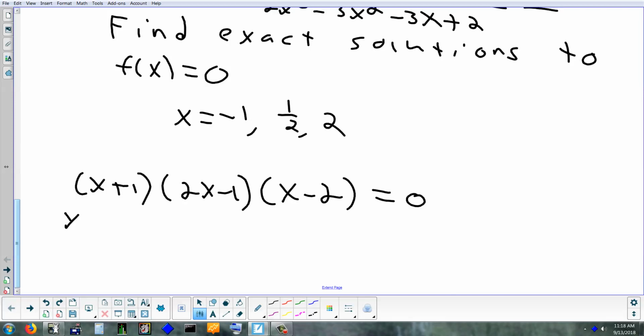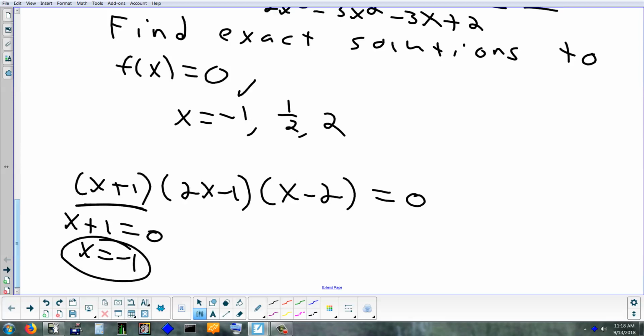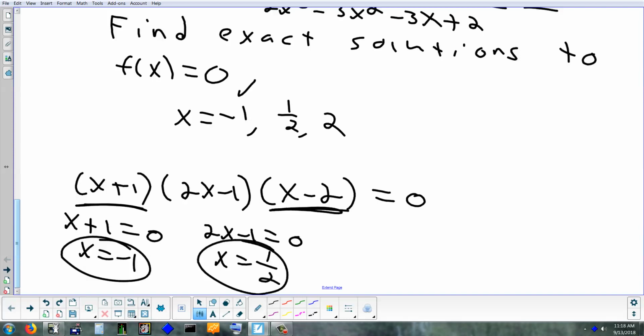Well, look what happens if you pretend that the first one was 0. If the first one is 0, look what you get: -1. If the second one was 0, you would get 1/2. And if the third factor was 0, you would get 2.